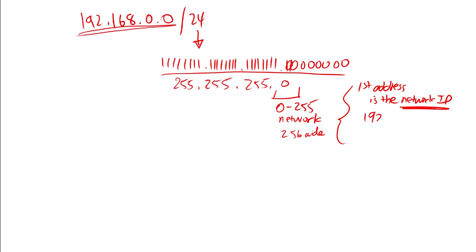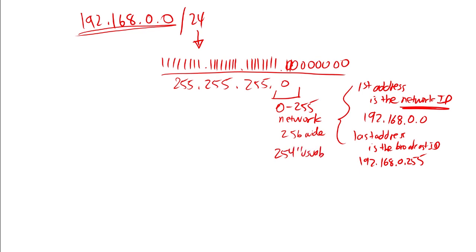So 192.168.0.0 can't be used. And the last address is the broadcast ID. So that's 192.168.0.255. We're not allowed to use that one either. So that leaves us with 254 usable addresses.